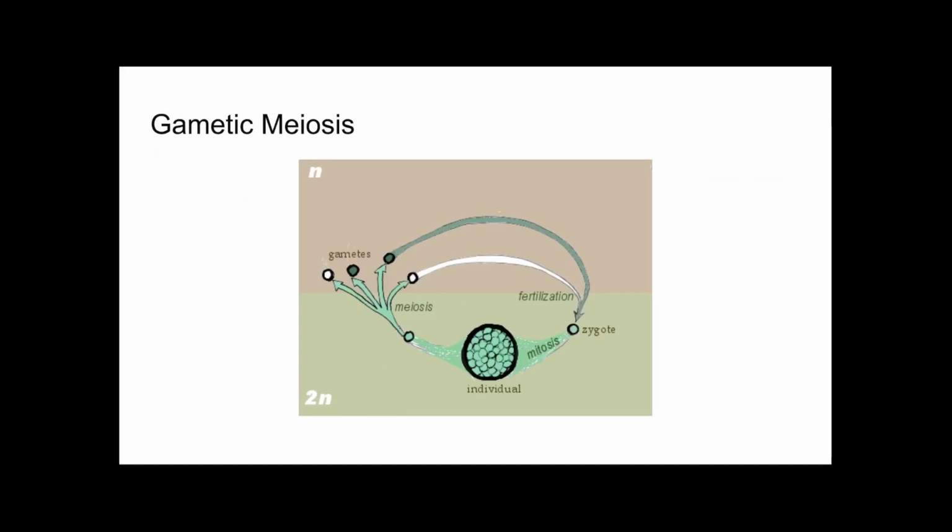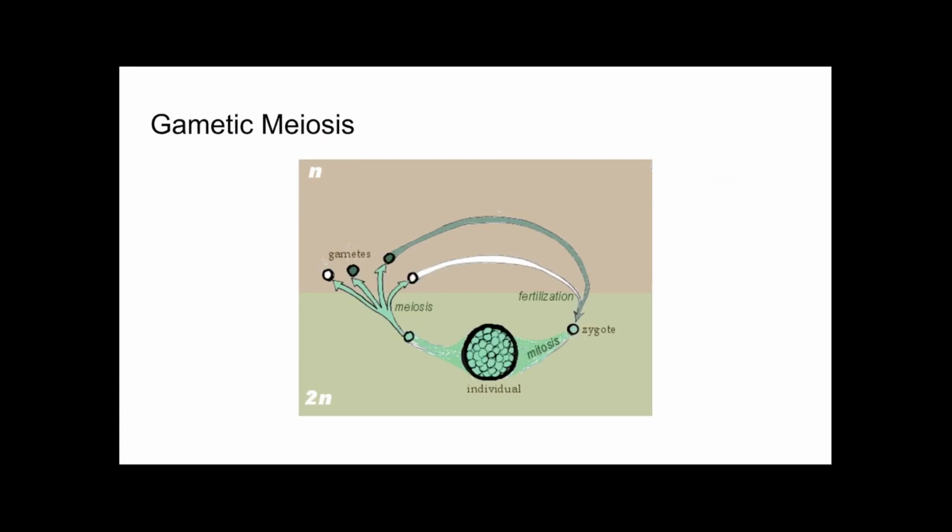You can see here we've split this example organism into 2N and N stages. On the bottom you have diploid stages, which are 2N, that is, they have the chromosome information from both maternal and paternal sides. Above that line in the center we have N, that is haploid cells, and in this case those are gametes, and those have half of the number of genetic information.